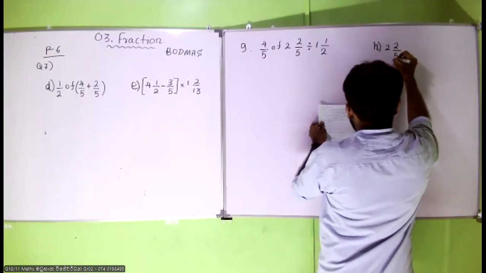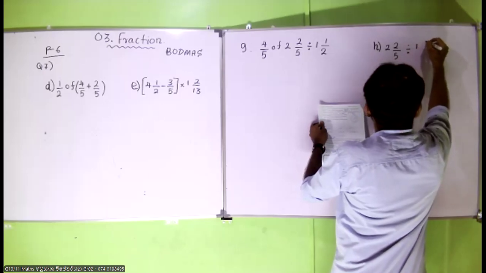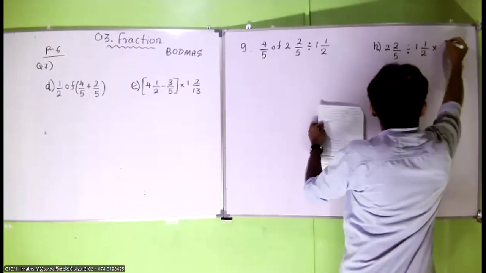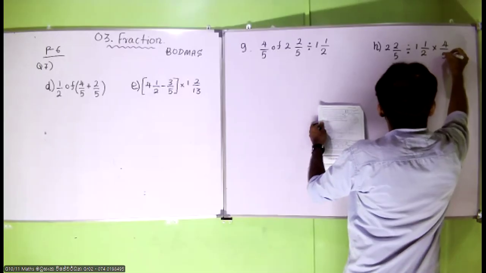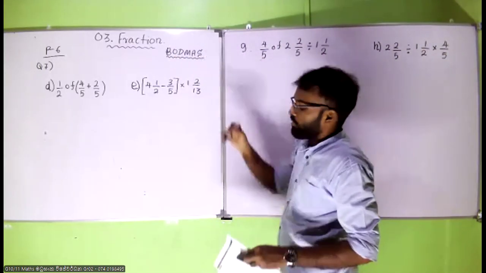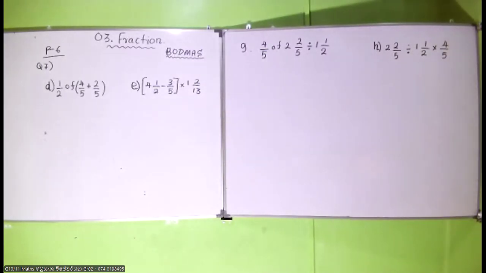H is 2 and 2 upon 5 divide by 1 and 1 upon 2 multiply 4 upon 5. You have to use BODMAS rule. I will give you another 3 minutes.